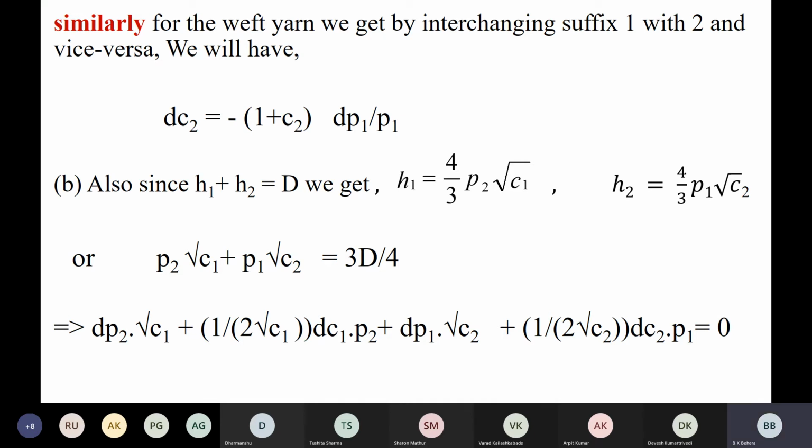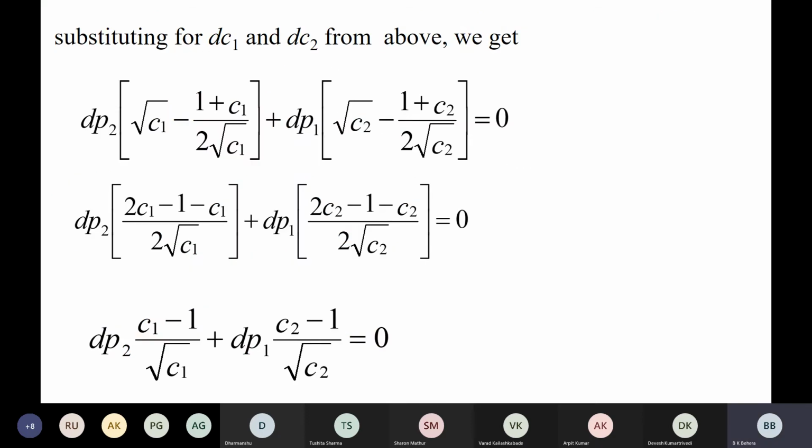Rearrange this. This is nothing but simply H1 plus H2. If you rearrange this, after substituting dC1 and dC2, it is simply simplification.